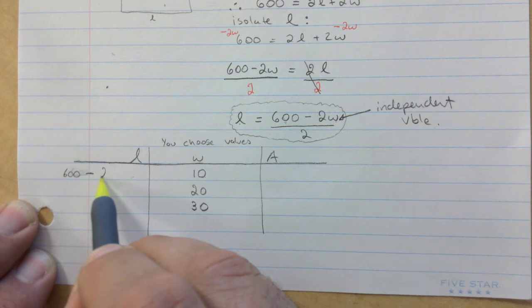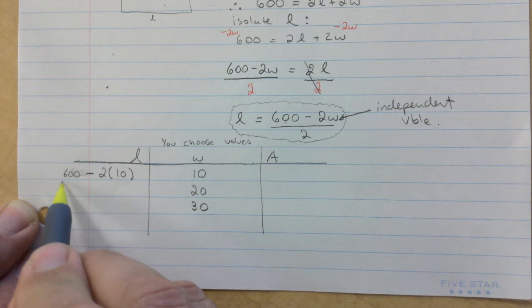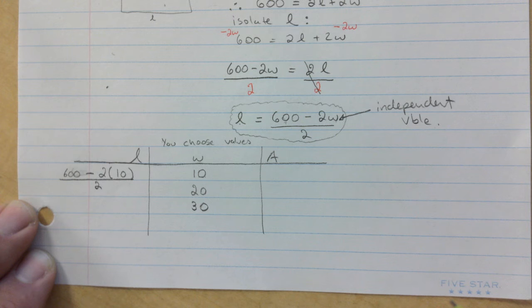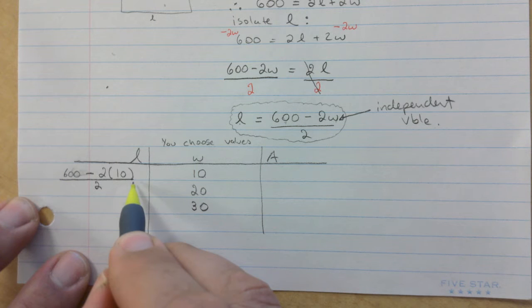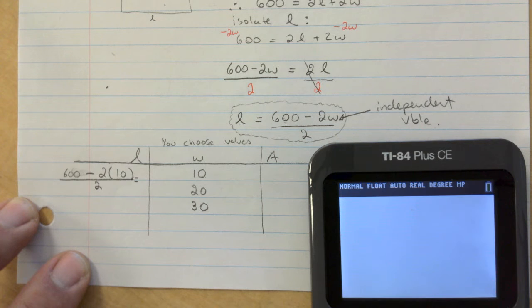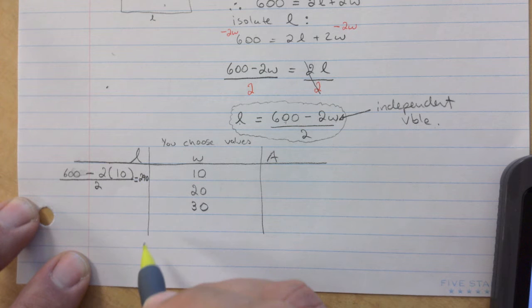So you do that, and you divide that by 2. And what do you get there? So I'll show you how I do that. 600 minus 2 times 10 is just 20, divided by 2. And so it's 290 for the first one. So we're going to plug in 290 here. Sorry, I should have given myself a bit more room there.